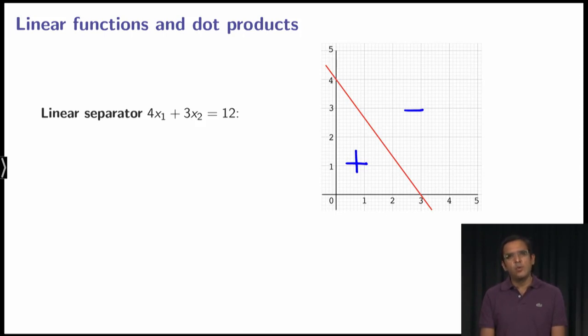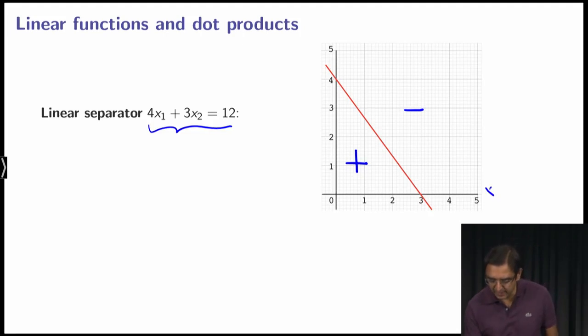Now, what is the equation of a linear boundary like this? Well, this is in 2D, so it's just a line, and this particular line has the following equation. 4x1 plus 3x2 equals 12. Let's check this. Okay, so this is the x1 direction here. This is the x2 direction. Let's check this particular point.